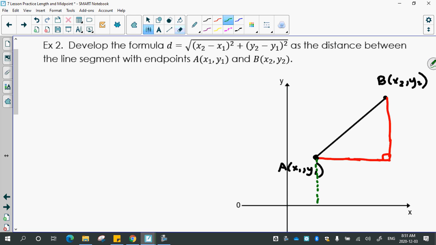So if I draw down to the x-axis right from that point, if this is the point x1, y1, then this is going to be x1 down here. Okay, so say this was the point 2, 3. I would go over 2 and up 3, which means that this point would be at 2 on the x-axis. Do you agree with that? And it would be at 3 for the y-axis, so over here it would be at y1.